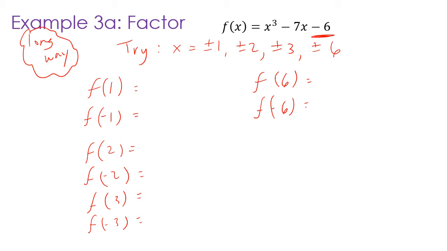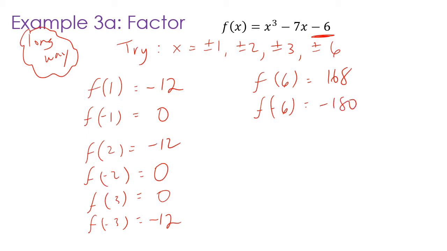So this is exactly the work that you would show, and you would just plug those numbers into the function using your calculator and you come up with some numbers. So I'm just going to give you what they are. Negative 12, 0, negative 12, 0, 0, negative 12, 168, and negative 180.